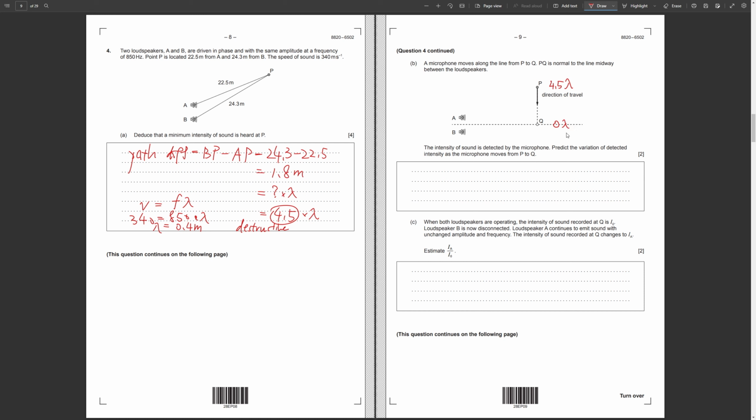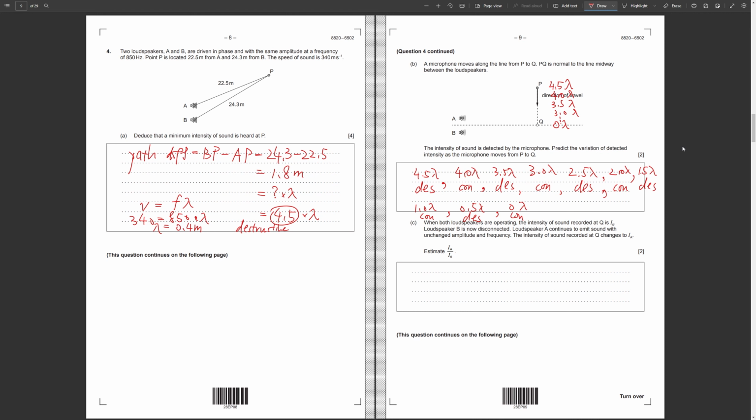The transition from 4.5 lambda to 0 lambda includes 4.0 lambda, 3.5 lambda, 3.0 lambda until it reaches 0 lambda. To conclude, when it is 4.5 lambda, it is a destructive interference, followed by 4.0 lambda, a constructive interference, 3.5 destructive, 3.0 constructive, and so on.